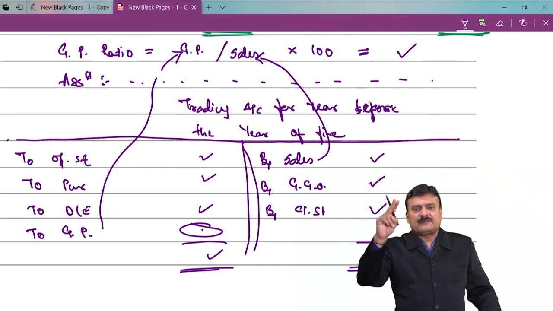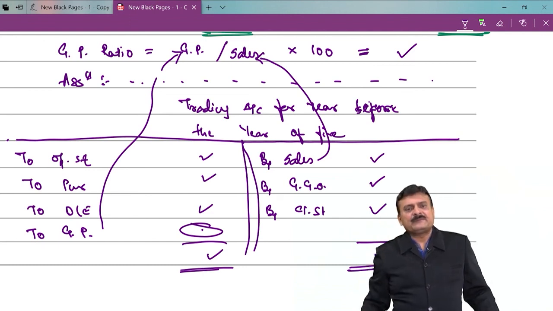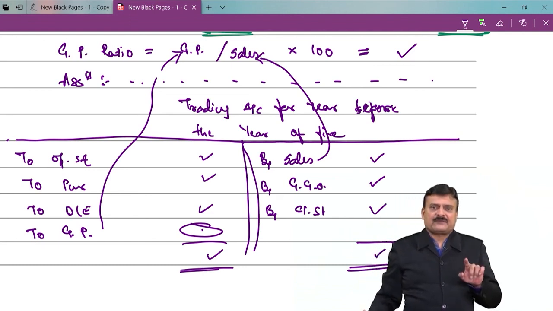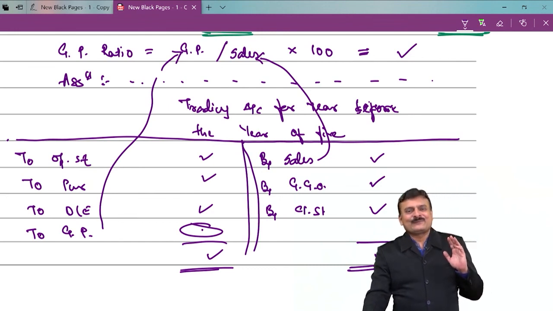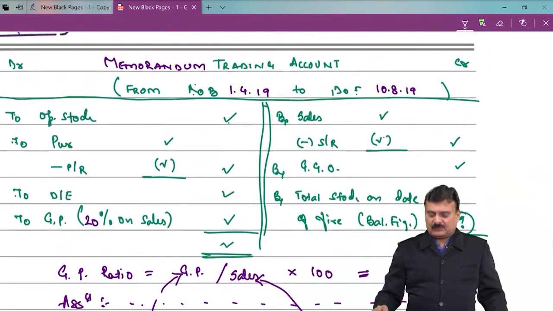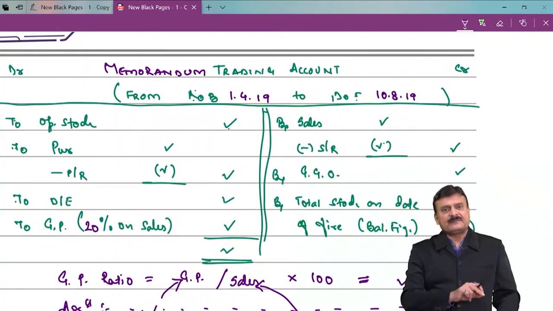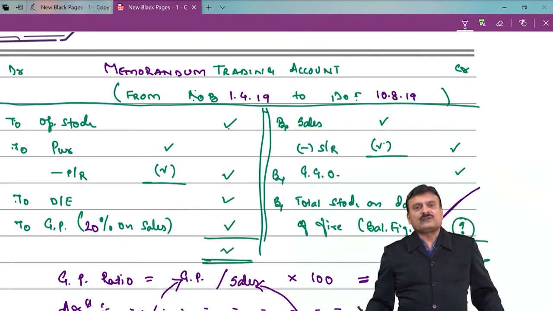If you start with trading, get the amount of gross profit and then calculate GP ratio by applying that formula. After GP ratio, we will prepare a memorandum trading. Gross profit ratio we will apply in memorandum trading. Balancing figure, as I already taught you, will be my total stock on date of fire.